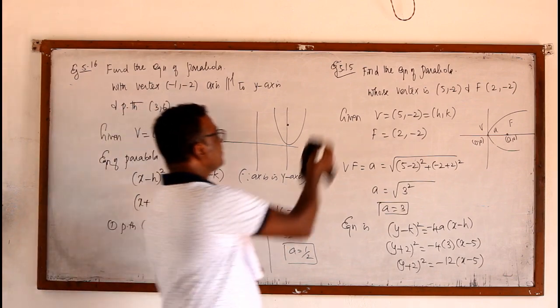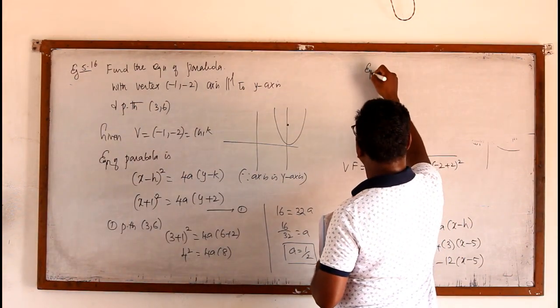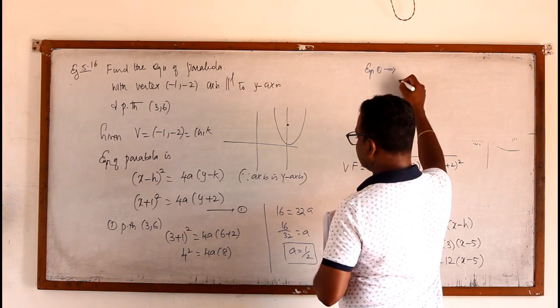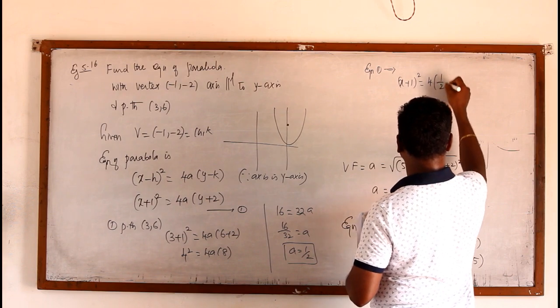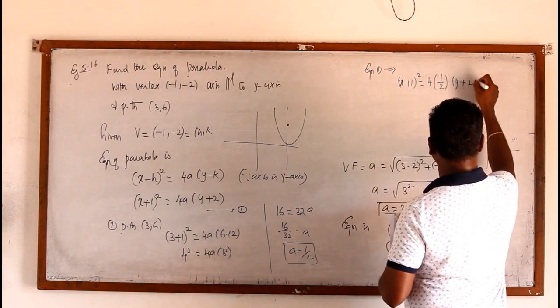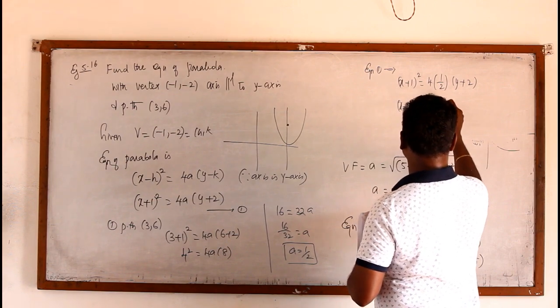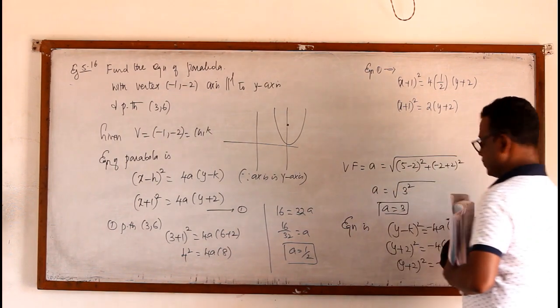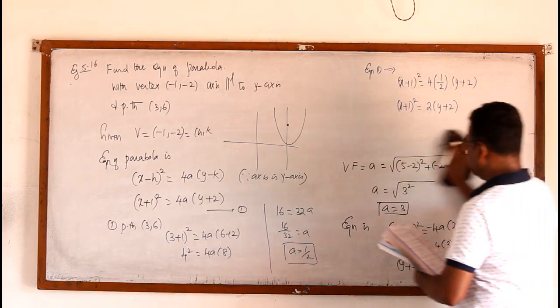Substituting for a, equation becomes (x plus 1) the whole square equal to 4 into 1 by 2 into (y plus 2). So the equation of the parabola is (x plus 1) the whole square is 2 into (y plus 2). So this is the parabola.